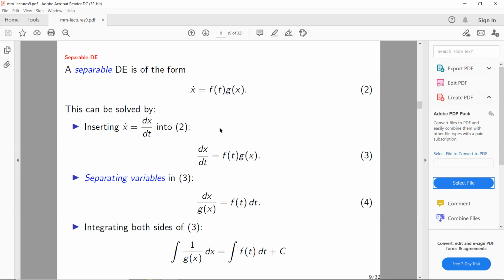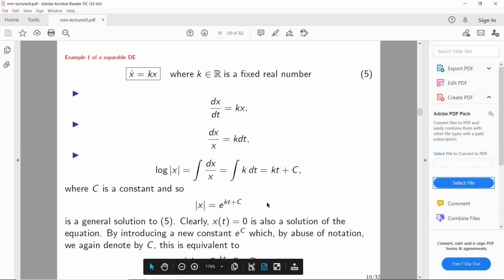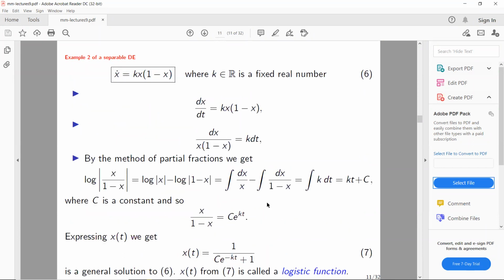Of course, the functions f and 1 over g must be such that they allow exact integration. So we have to know the indefinite integral of 1 over g and the indefinite integral of f. Here are a few examples.